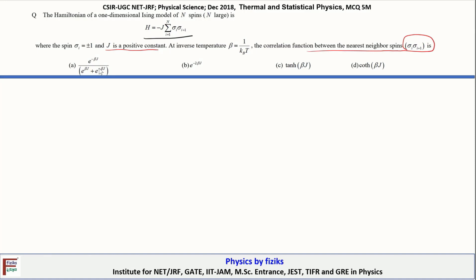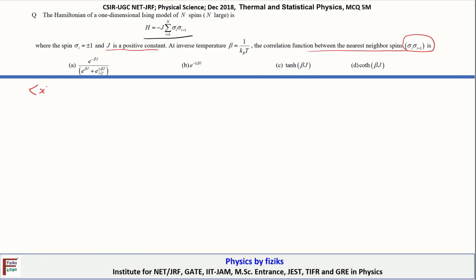Okay, this problem is a little bit lengthy, so I will begin with the determination of the average value of a physical quantity. Let's take a look at the general procedure for finding the average value of a physical quantity.